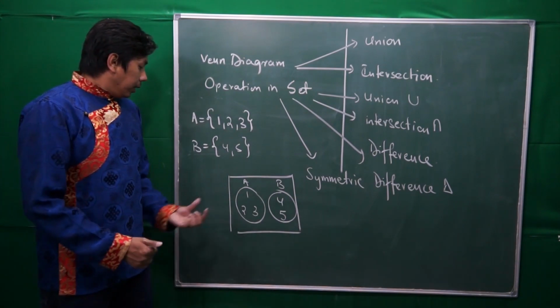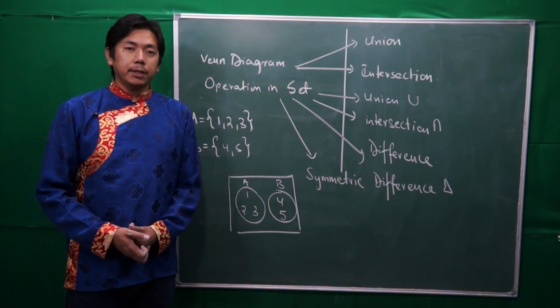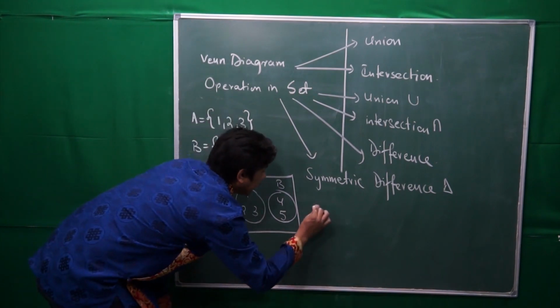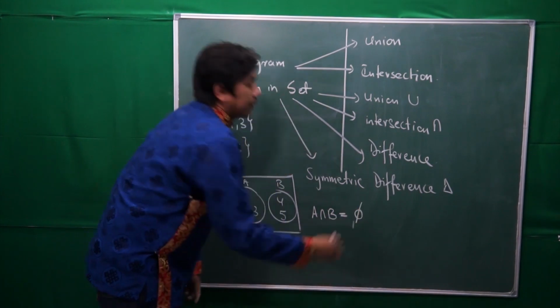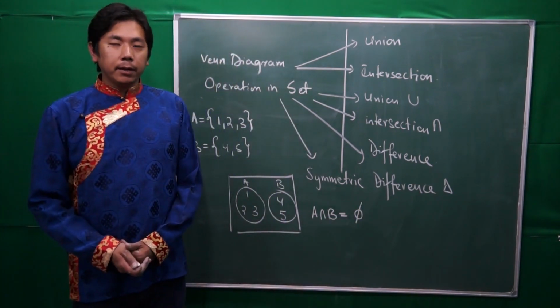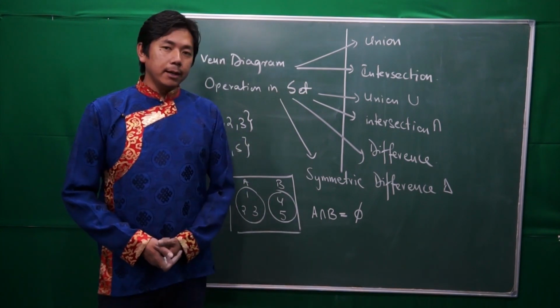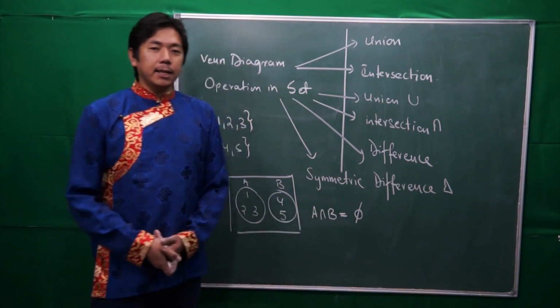All right, so in this case there would be no intersection. The resultant of the intersection of set A with set B would be a null set. Now this symbol is the null set. Everyone remembers it, we talked about it earlier as well. So A intersection B would be a null set. Reason?